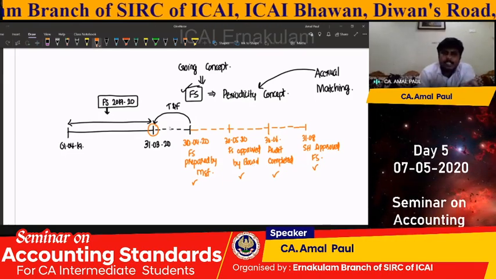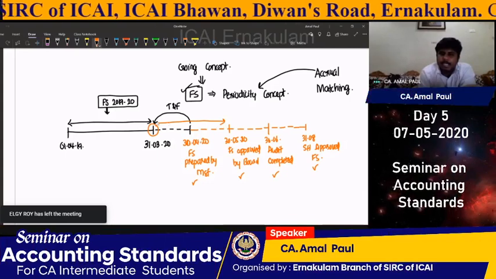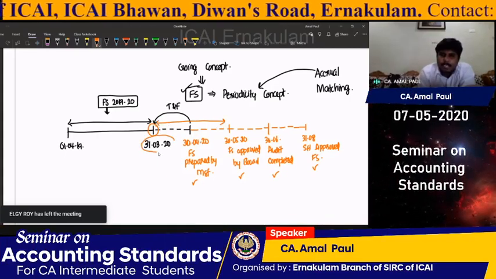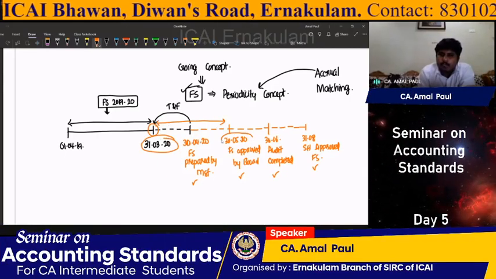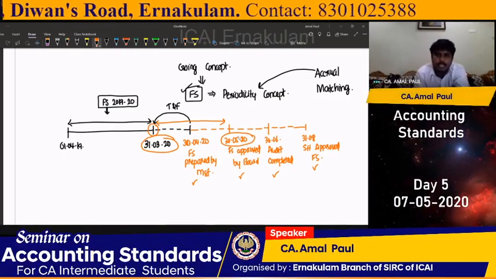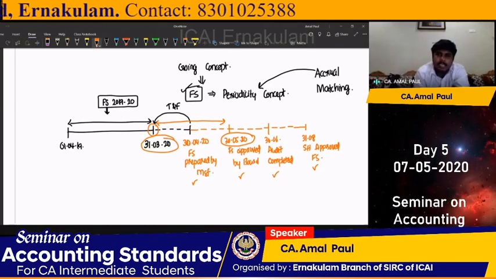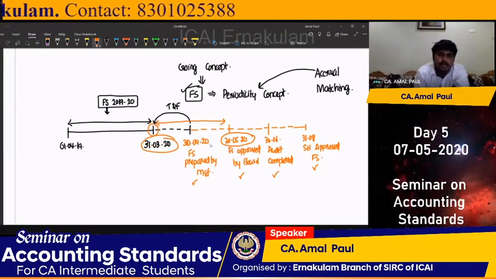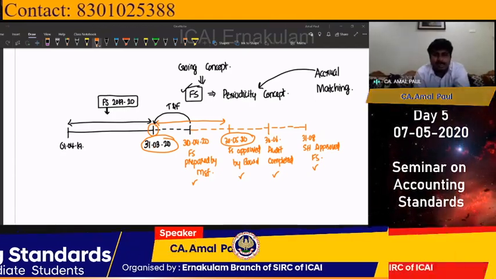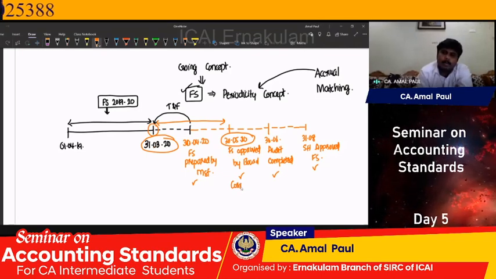When it comes to the standard, the scope is still here. That is, from the balance sheet date to the date of approval of financial statements by board of directors or corresponding approving authority.